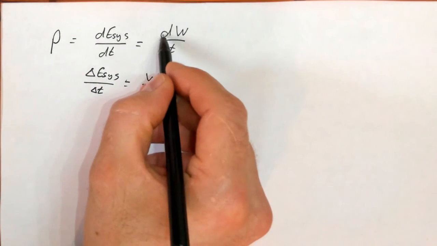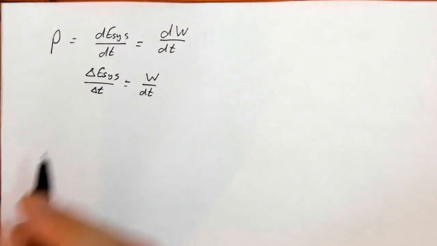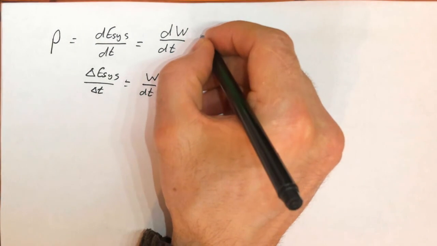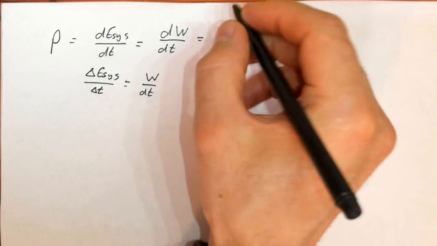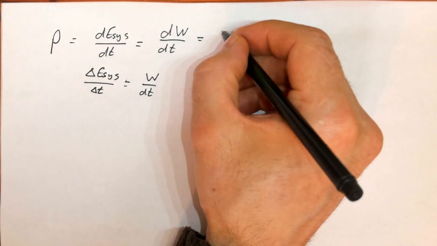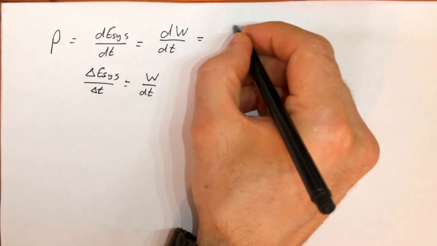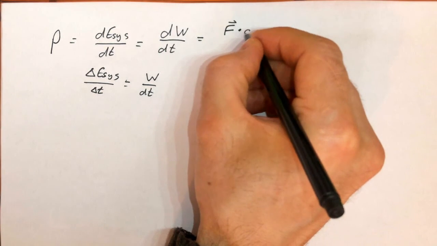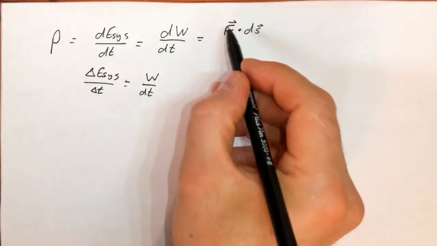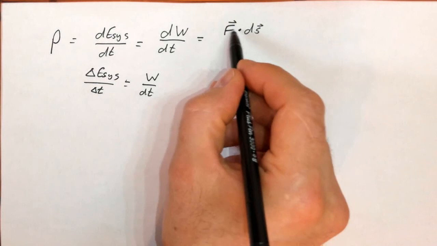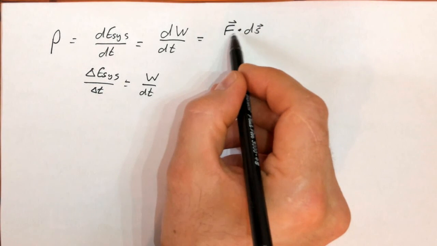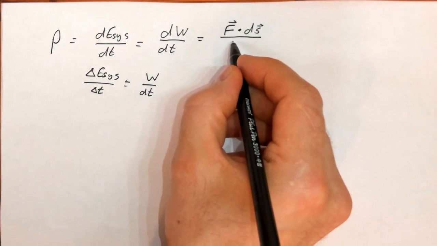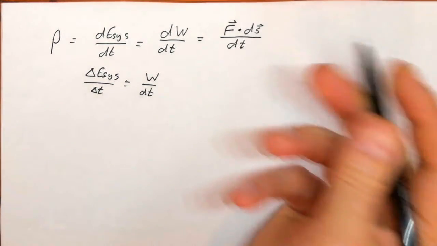Okay, but thinking again of this little d as being a small amount of work done, I can say this little bit of work would be equal to a force dotted with a little bit of displacement, because work is force times distance, only in the full vector form it is the dot product. And then divided by the dt.